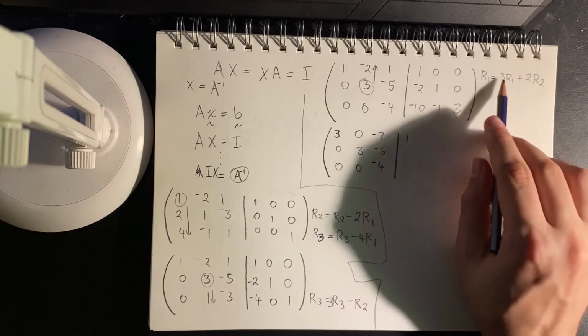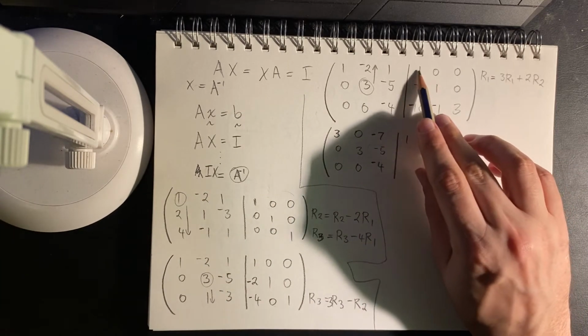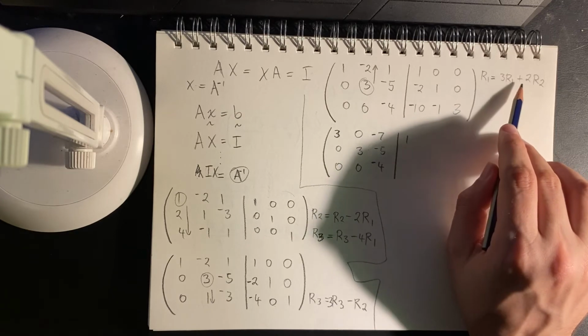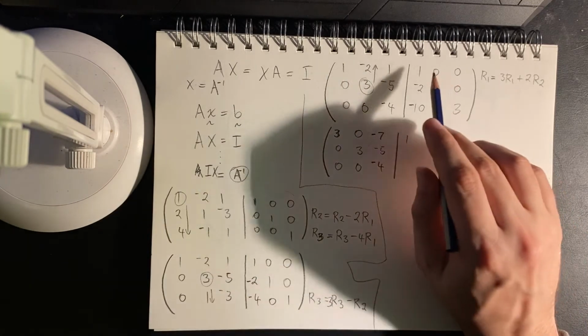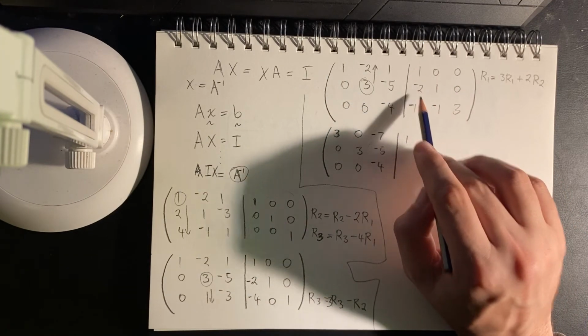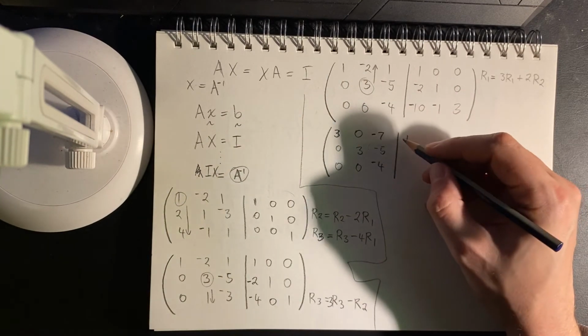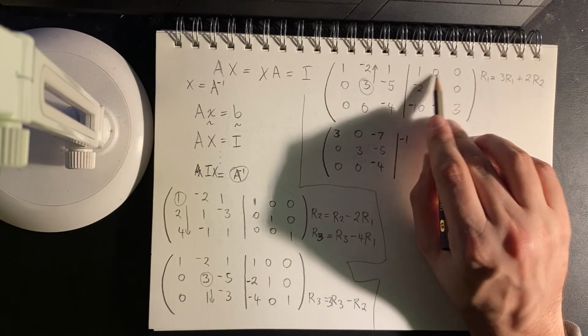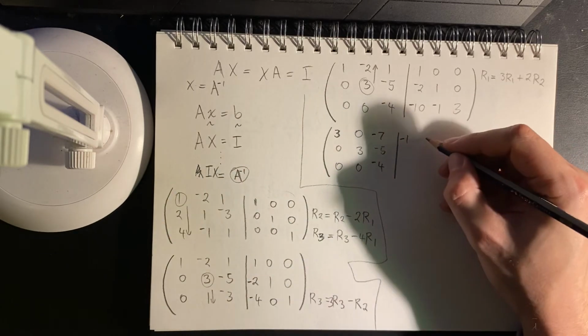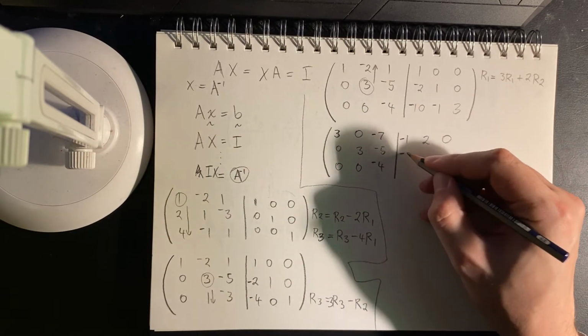I'm messing this up. Okay, going through here, we have 3 plus, just double-checking my math from the step before. Okay, so 3 plus negative 4 is negative 1. Then we have 0 plus 2.